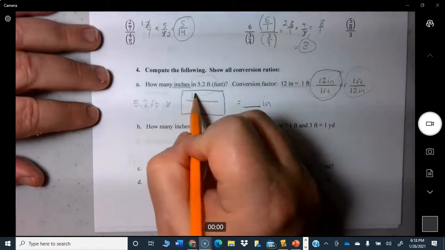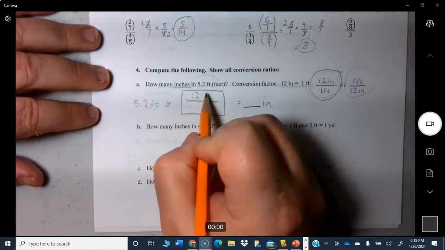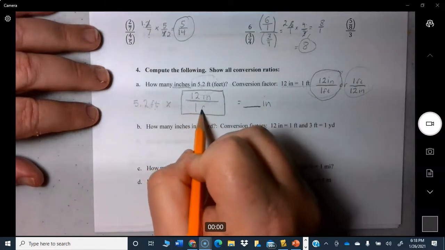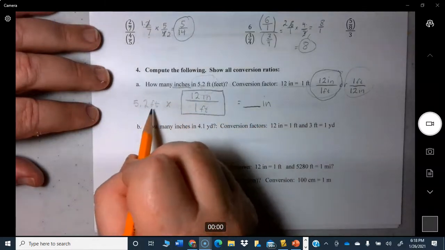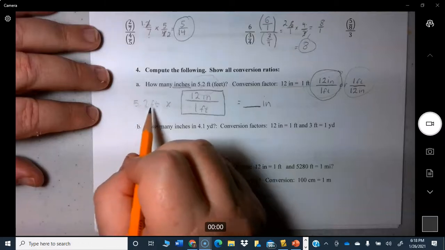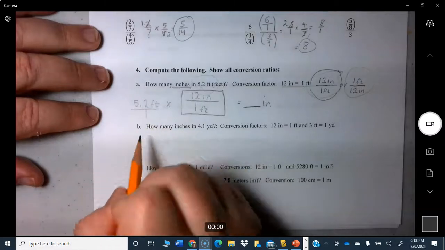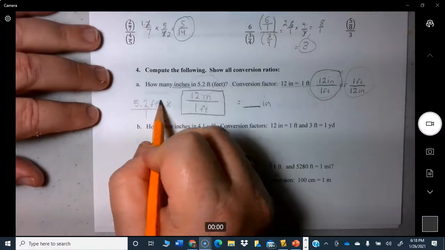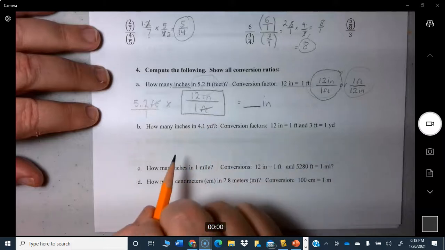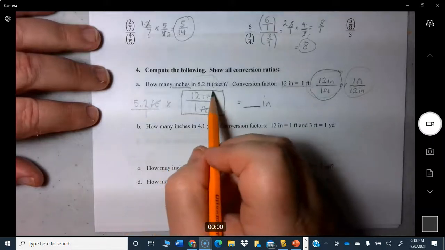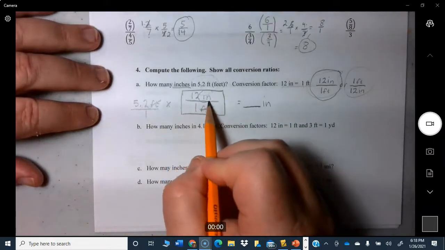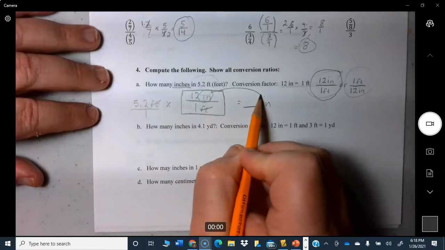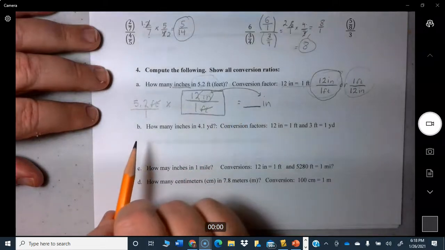Because if we put that here, 12 inches over 1 foot, remember that this is in the numerator, even though you don't see a top and bottom. I could write it over 1, in other words. So feet on the top cancels with feet on the bottom. And I call this the last man standing. The last man standing is inches, so that's going to be the unit in your final answer right there.